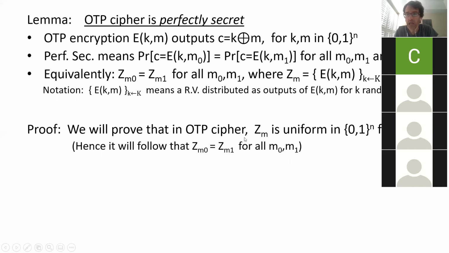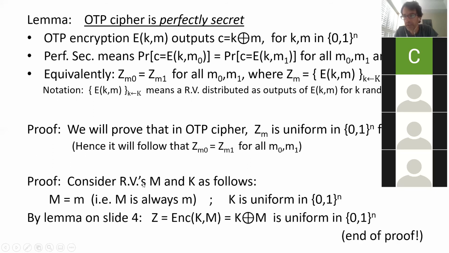Actually, I will prove something stronger: that regardless of M, ZM, for the case of a one-time pad, where E of K, M is implemented as K XOR M, is a uniform n-bit string. If I prove that, it will follow that Z of M0 is the same as Z of M1, because this is a uniform n-bit string and this is a uniform n-bit string.